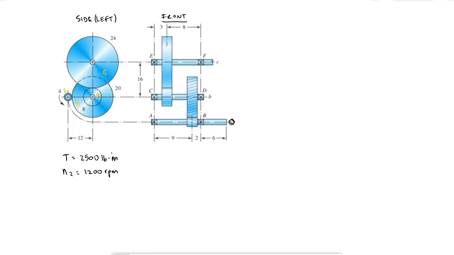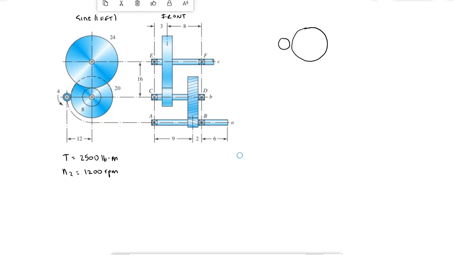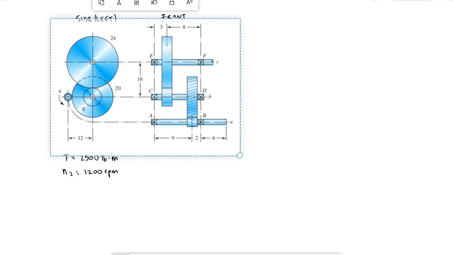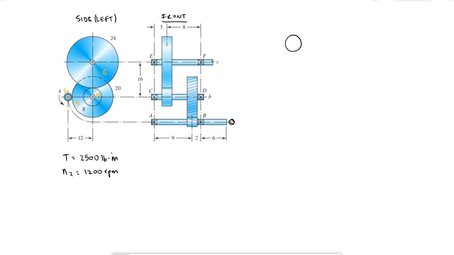All right, so the first thing is to see the interaction between 2 and 3.